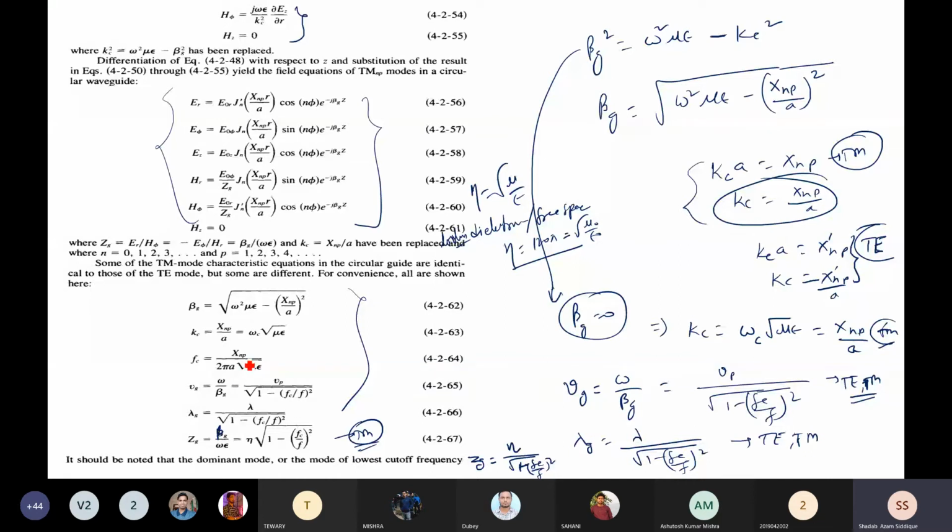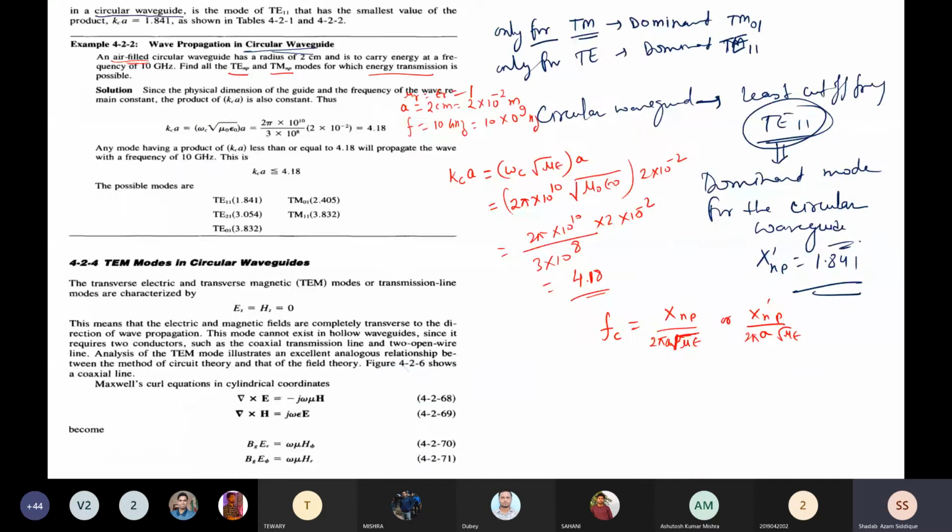You can take x_np by a as kc, and you can say this value kc a is x_np. So kc a equal to x_np should be less than this value 4.18.